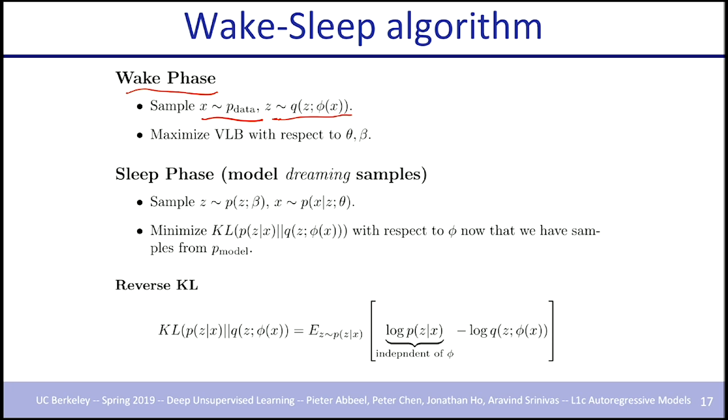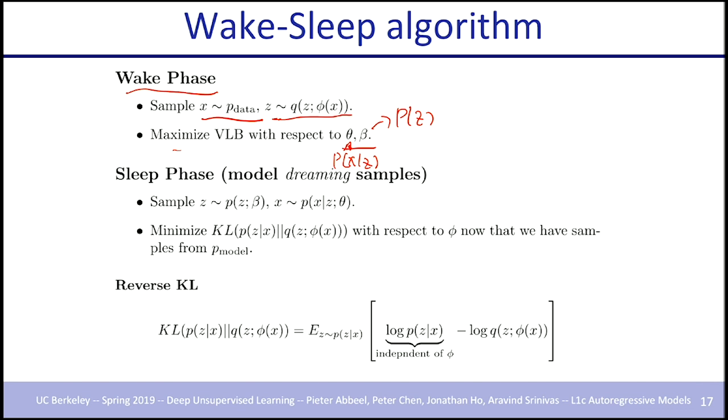And then what you would do is maximize your variational lower bound with respect to theta, which describes the conditional model, and beta, which describes the prior distribution. You can do that because these two terms are not defining the distribution, so you can just draw stochastic samples and then maximize them.